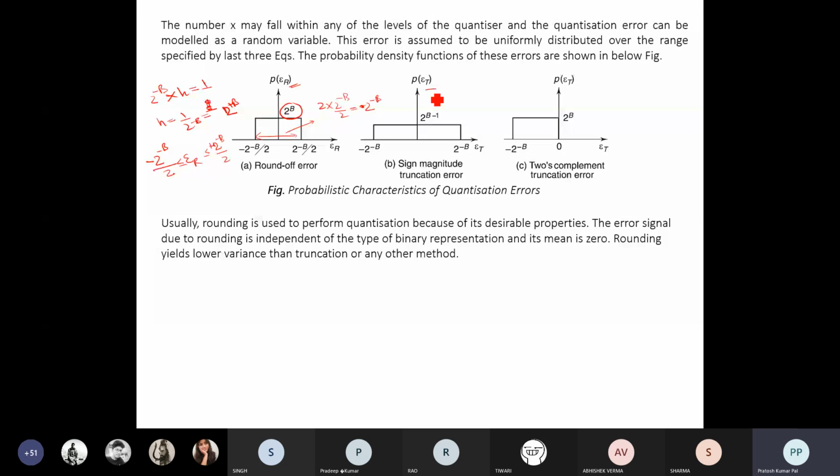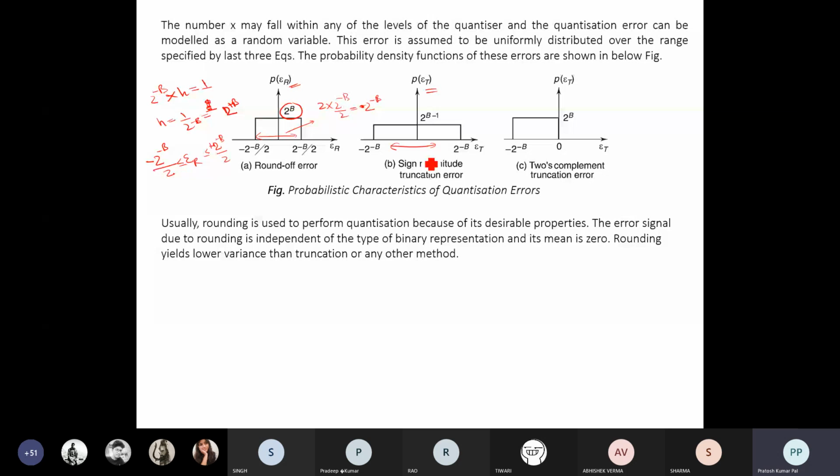Similarly, in the case of the probability function for the signed magnitude truncation error, the range is minus 2 to the power minus b to plus 2 to the power minus b. So this is the error range, and the complete error range comes out to be 2 times 2 to the power minus b.